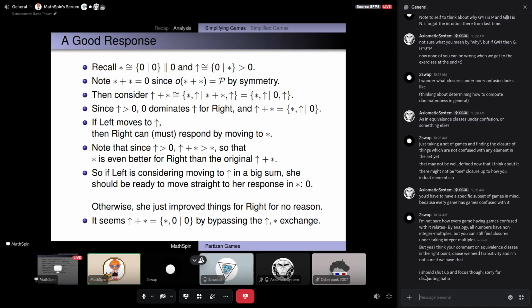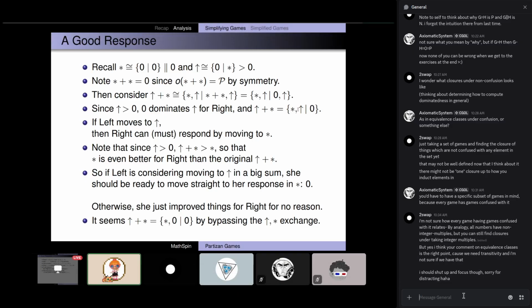Left is going to end up at 0 after right moves to star. So we replace it with 0. And that should be the same for left in all sums. Because as I said, if left ever wanted to move to up, she should be ready for right to move to star, in which case left is going to move to 0. So we may as well just say left moves to 0.